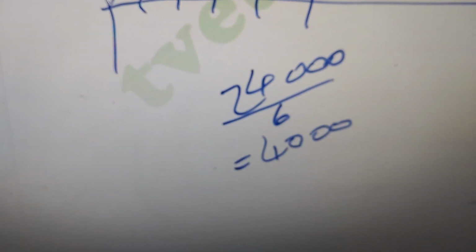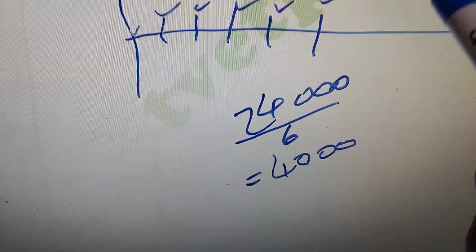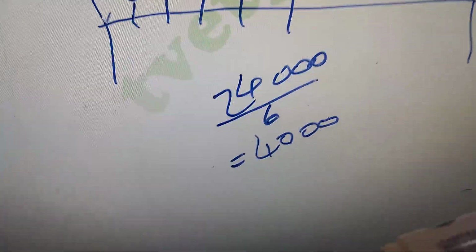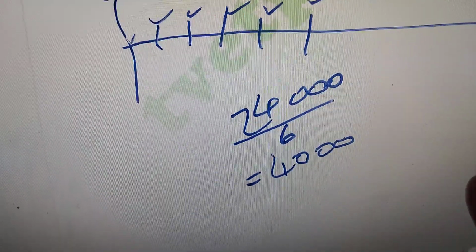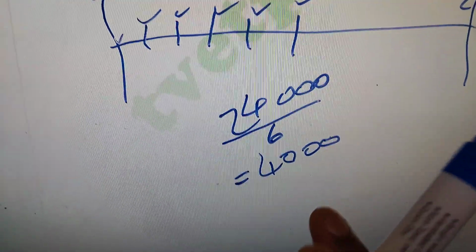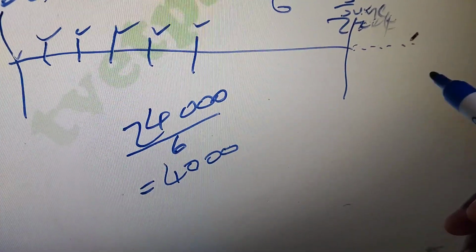So the outstanding is 6 months. This is 6 months, this is 6 months. So 6 plus 6 must give us 12. So on the trial balance, everything must be 12 months. Everything that exceeds the financial period, you're going to subtract.